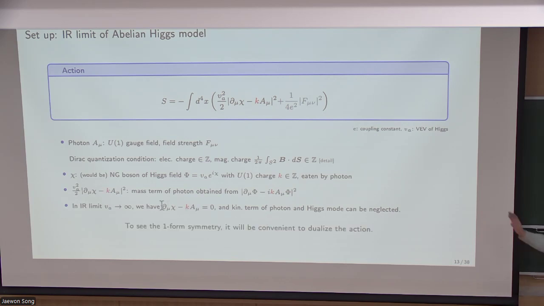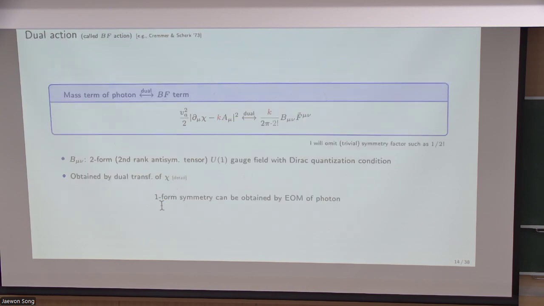So we begin with this action, but to see the one-form symmetry, it will be convenient to dualize this action. This is the dual action, the so-called BF action. My message is that the mass term of the photon can be dualized to a topological coupling.